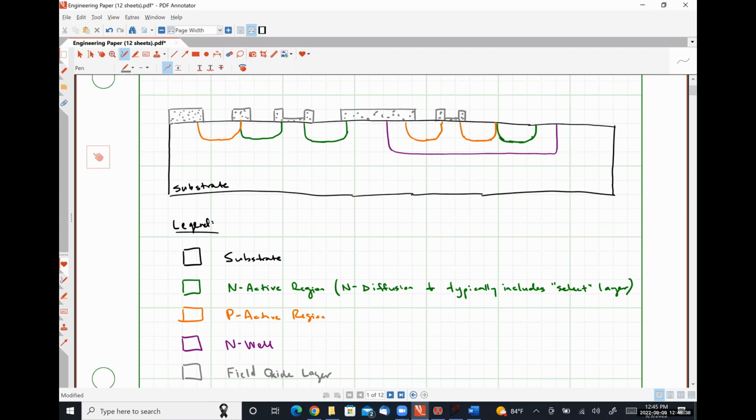Over here like so. Here like so. And then out to the edge. Then we are going to have guys like so, which are serving as our contact layer.